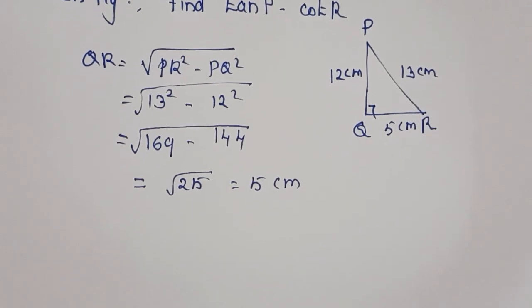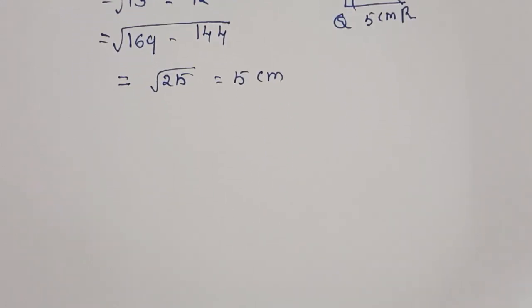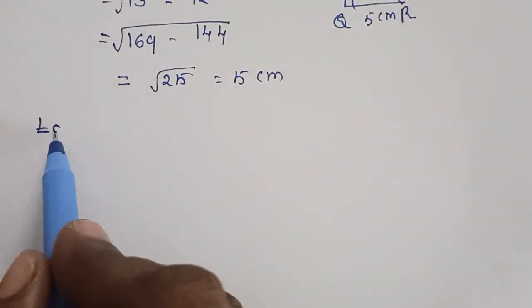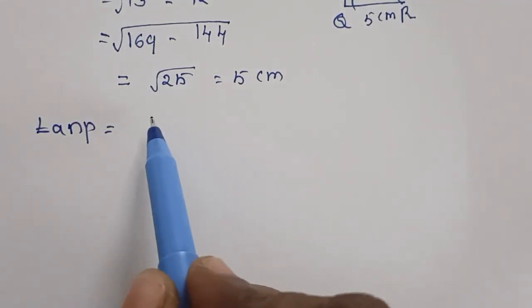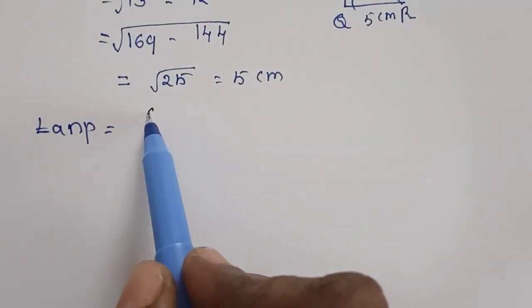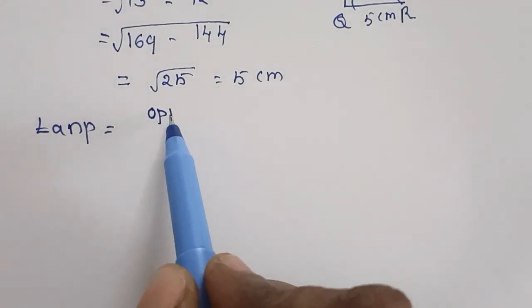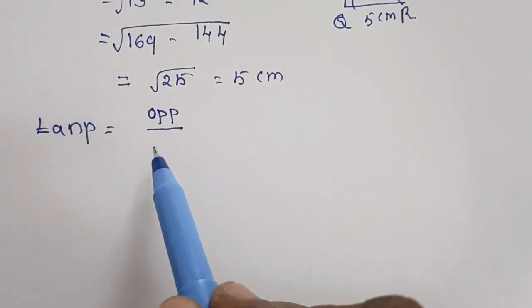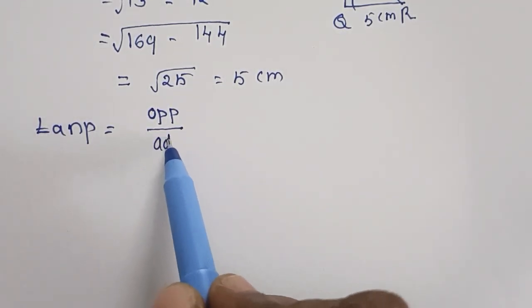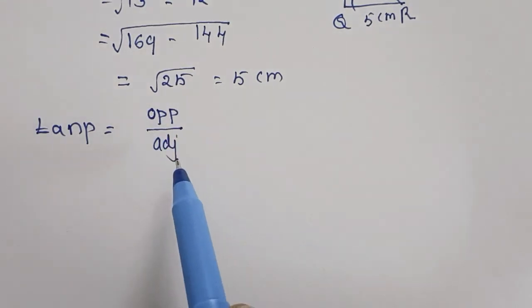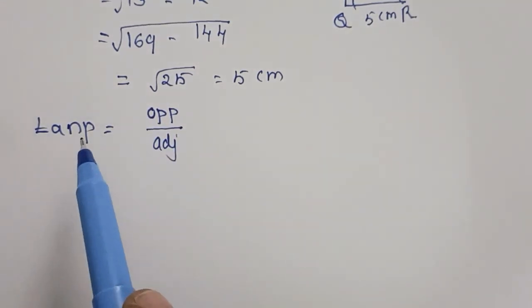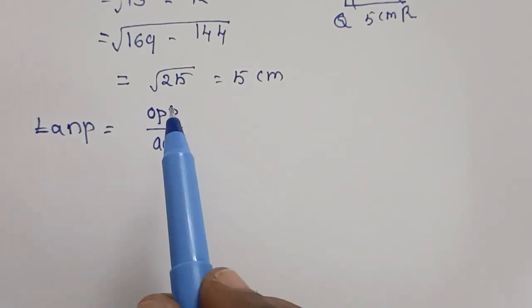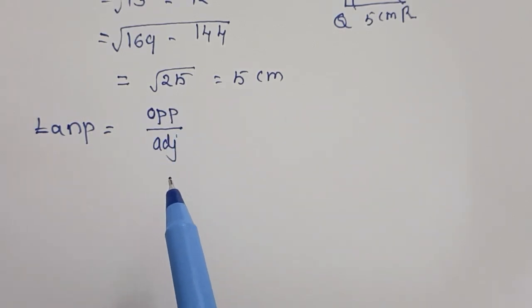Now we have to find tan P and cot R. Tan P equal to, tan is sine by cos. Sine is opposite by hypotenuse, and cos is adjacent by hypotenuse. So in the numerator we have opposite by hypotenuse, and in the denominator adjacent by hypotenuse.